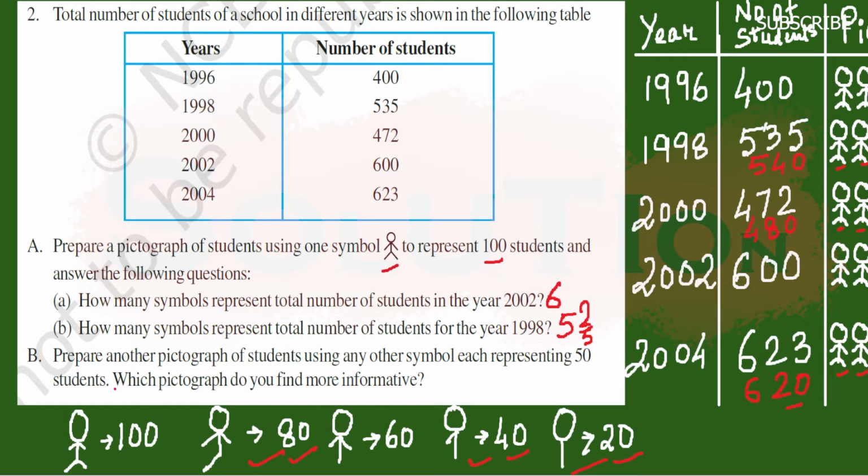So I have to prepare another pictograph with another symbol, not this human being, which represents 100. Now I have to draw another pictograph where one symbol represents 50 students.